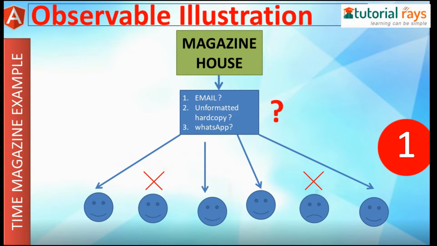Then the question is, will the magazine company send the data as it is to the customer? No, not at all, because the magazine house will receive the data in varied formats, and then it will format the data and print it properly, then send it to the consumers, to the people who have subscribed.